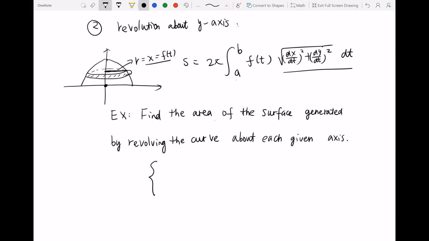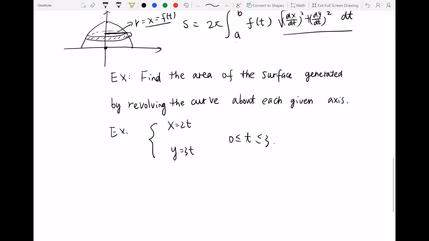So the first one, I give you x equals 2t, y equals 3t, with t between 0 and 3. I'll give you 2 minutes. Try this one by yourself.